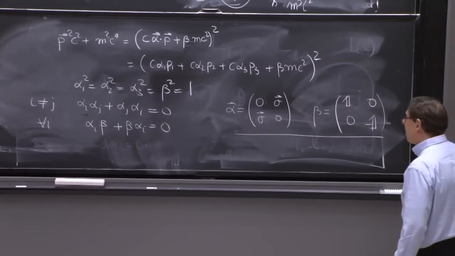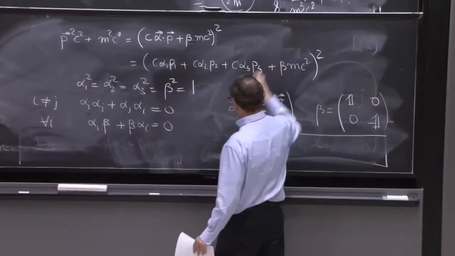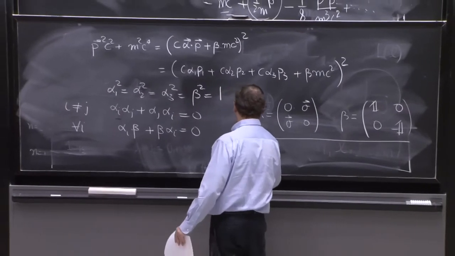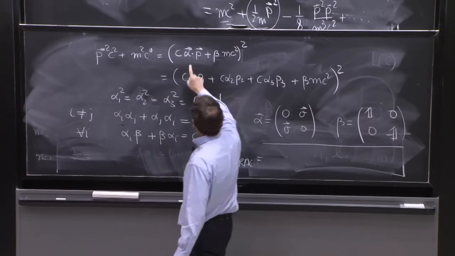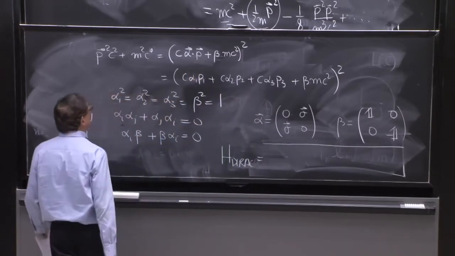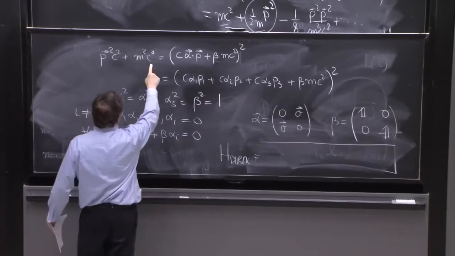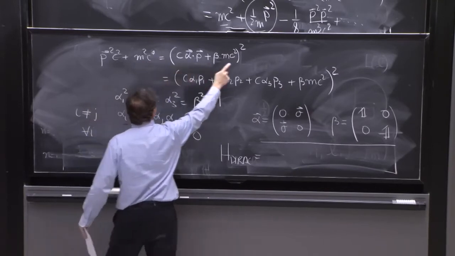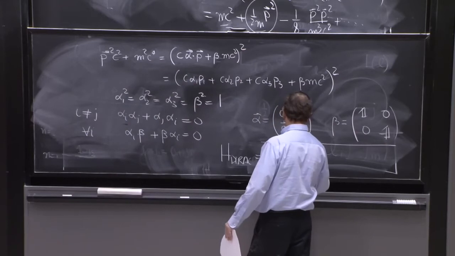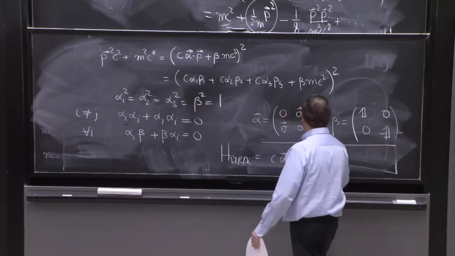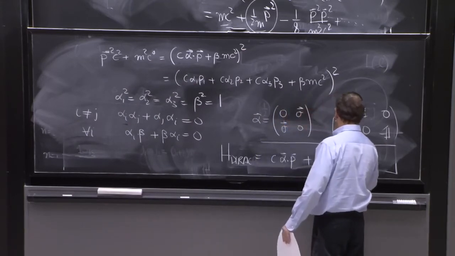So the Dirac Hamiltonian, H Dirac, is equal to the energy, and the energy was the square root of this, so it's just this thing. So it's c alpha dot p plus beta mc squared.